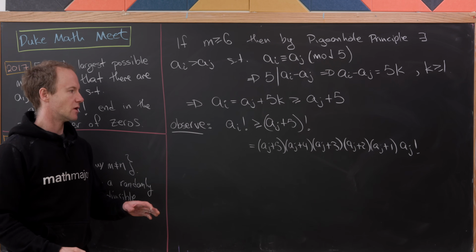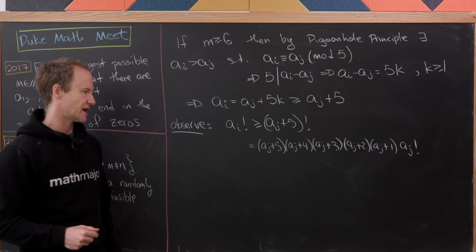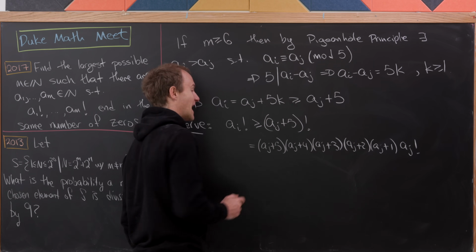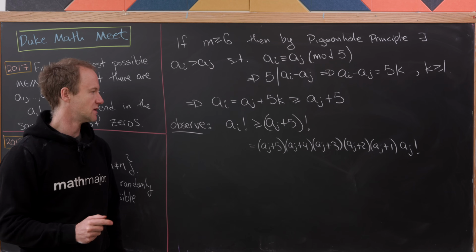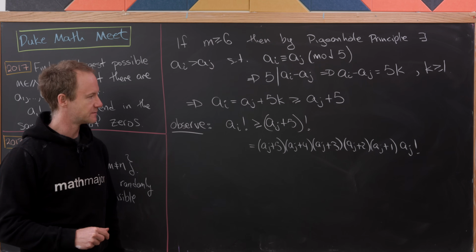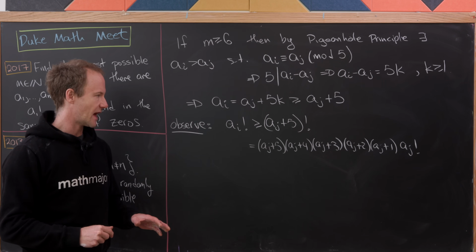Why did I spread all of those out? Because now we have 5 consecutive numbers, and we're taking the product of these 5 consecutive numbers.